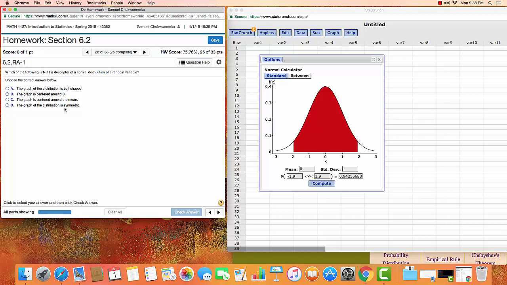But they didn't say here standard normal table. They just say normal distribution of a random variable. The graph is centered around 0 only if it is a standard normal distribution, and that means the mean is 0. But the mean must not be 0. So the correct option here would be B.